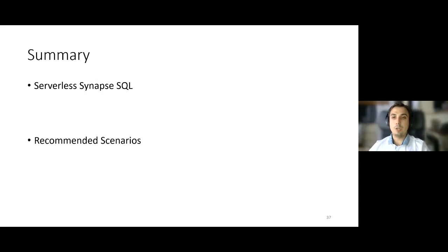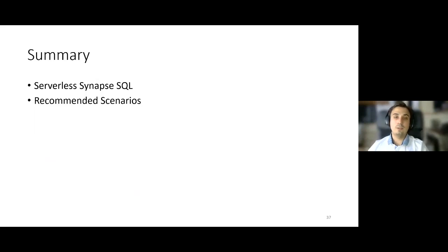You saw the recommended scenarios, which are ad hoc data exploration and logical data warehouse. It's pretty recommended, and it's a really common thing that our users do. And you have also seen the usage patterns that are most common for our users, like Power BI reports and data enriched with Spark and served with SQL.